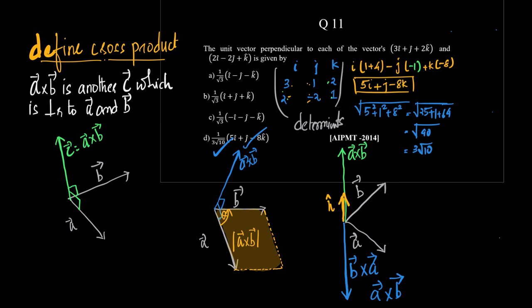Always keep this in mind: two vectors in a plane, and another vector perpendicular to this plane in such a way that it is perpendicular to both the given vectors. It represents the direction, the unit vector along that direction, and opposite to that, we get B cross A. So A cross B, and in the reverse direction, B cross A.